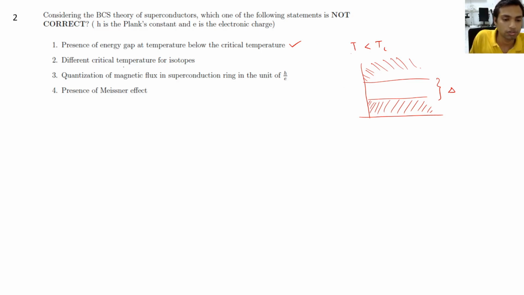Different critical temperature for isotopes. If you have two different isotopes, let's say with masses M1 and M2, then the critical temperature changes, and it is observed that the critical temperature Tc is inversely proportional to the square root of the isotopic mass.